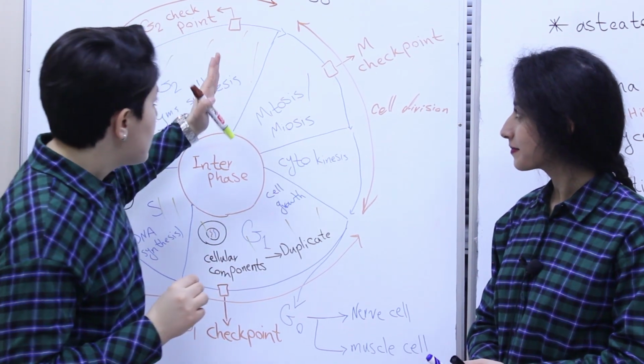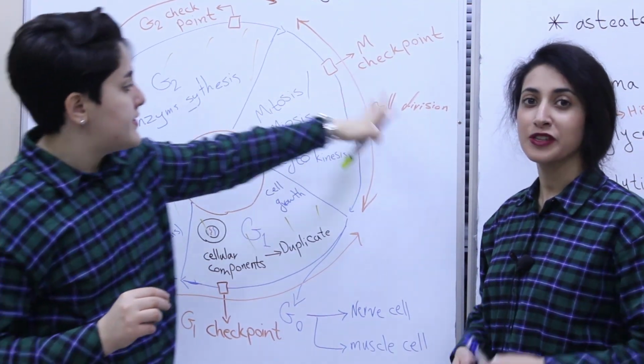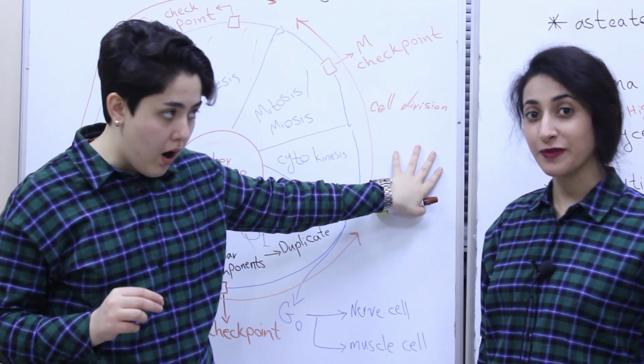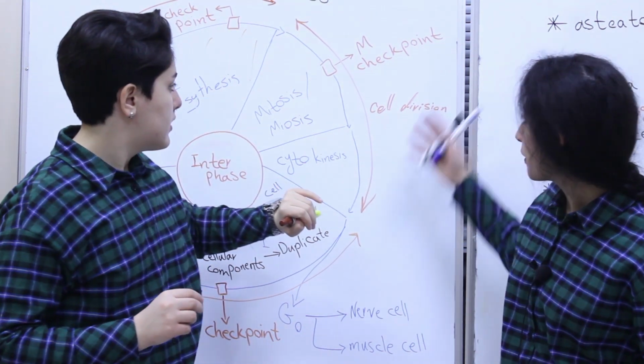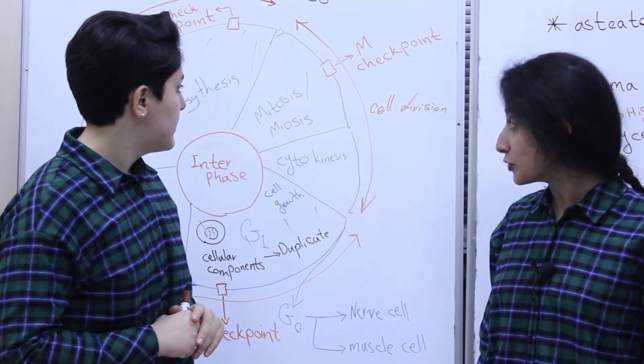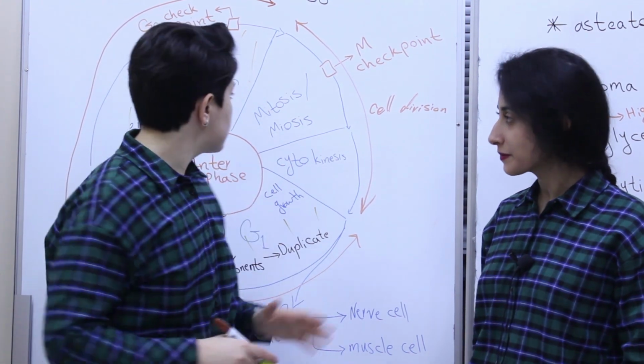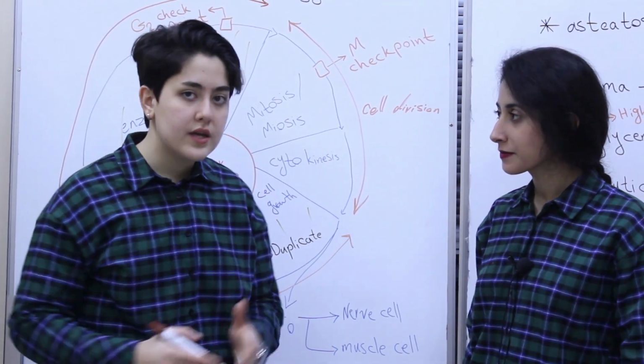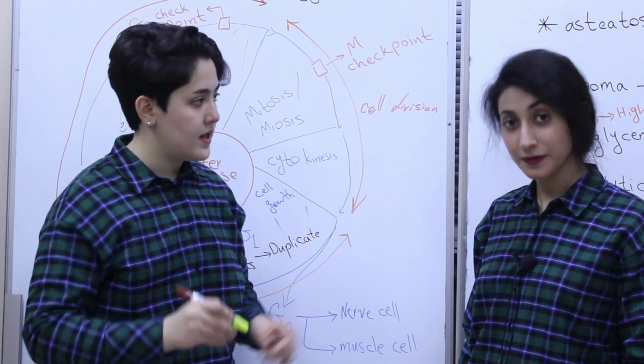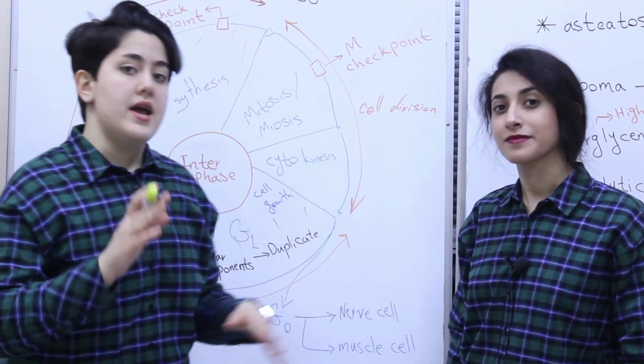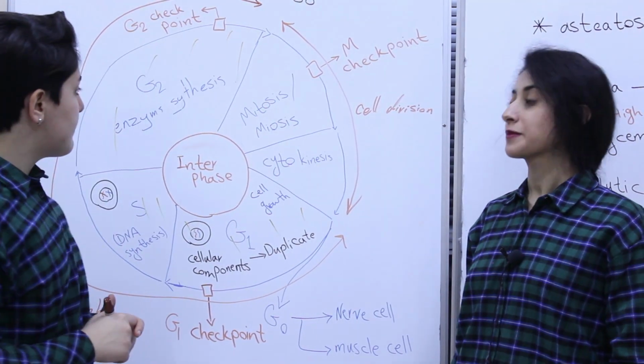After that we are going to start the cell division, which we can call meiosis and mitosis. Mitosis usually refers to the somatic cells, which my friend said at the beginning of this video.